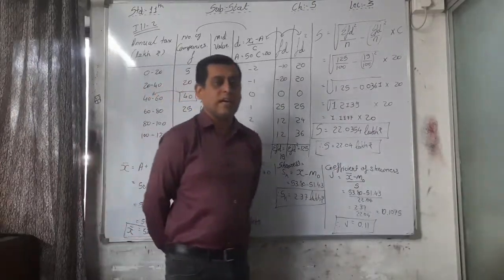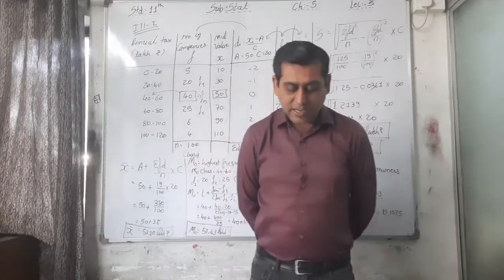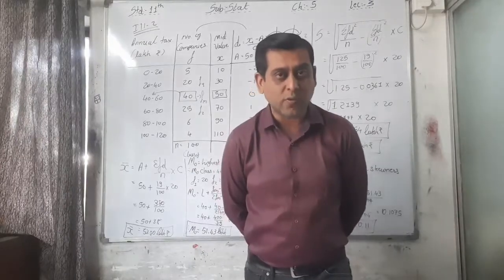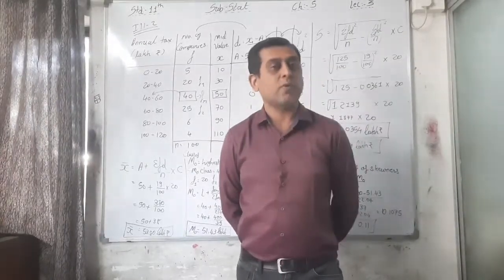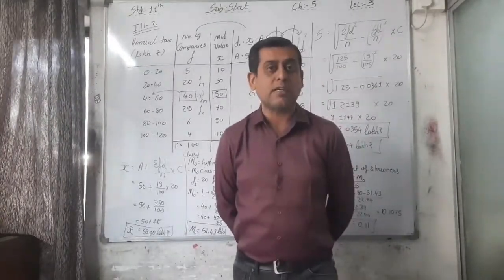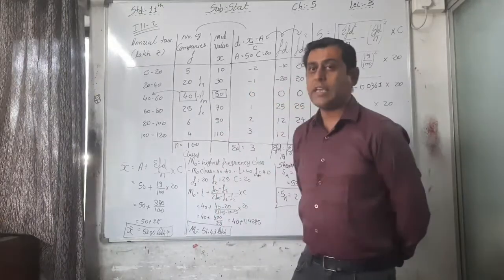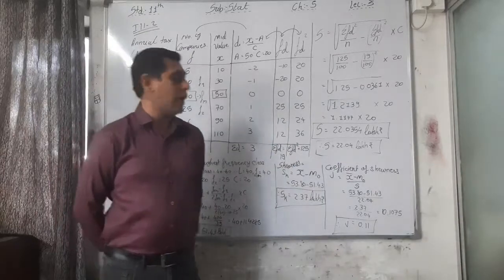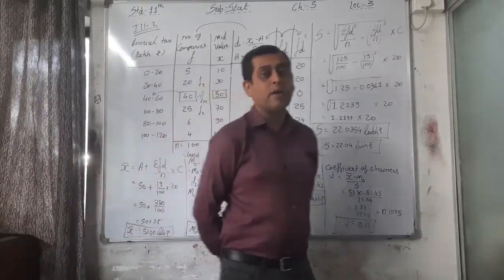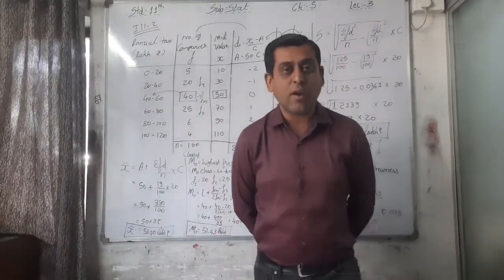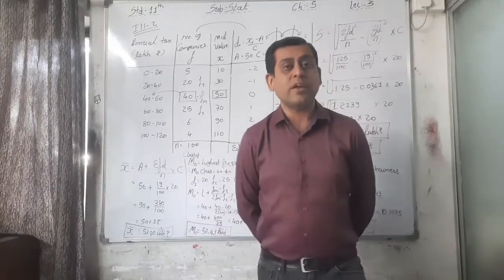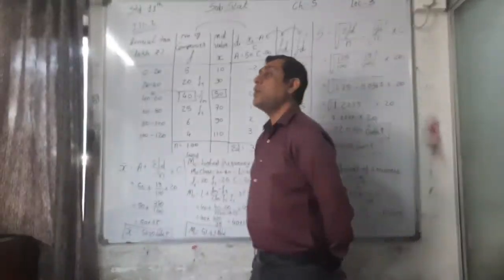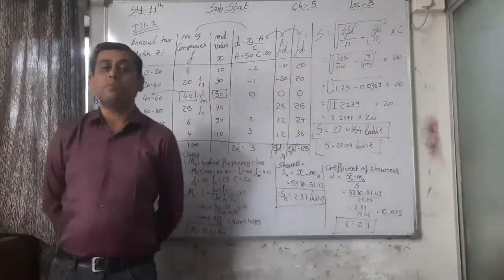What is the highest frequency? The highest frequency is 39, so the mode is well defined, and you can use this formula. But when the mode is ill-defined, we have to use the median formula, that is 3 into (x bar minus median).